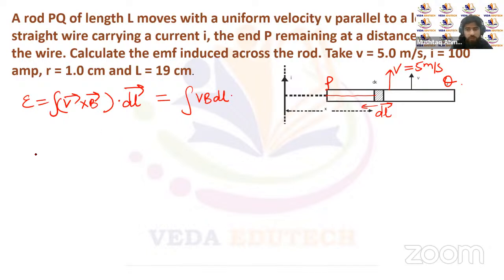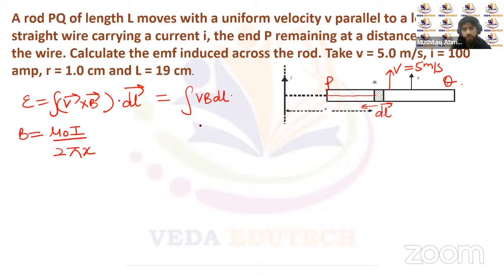And we know the magnetic field because of the infinite current carrying conductor is equal to mu naught I upon 2 pi times the distance of the point from this conductor. Let's suppose it's at a distance of x. We have taken an element dx at a distance of x. So the magnetic field at this point will be mu naught I upon 2 pi x, right?